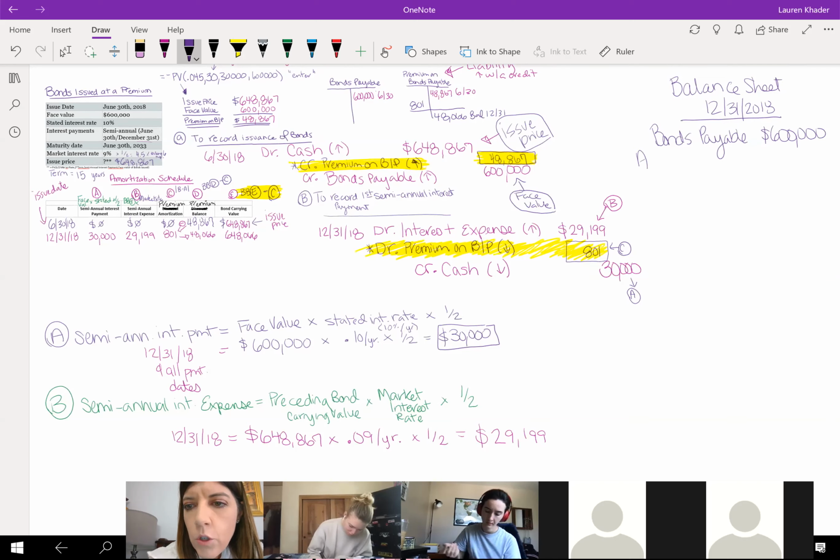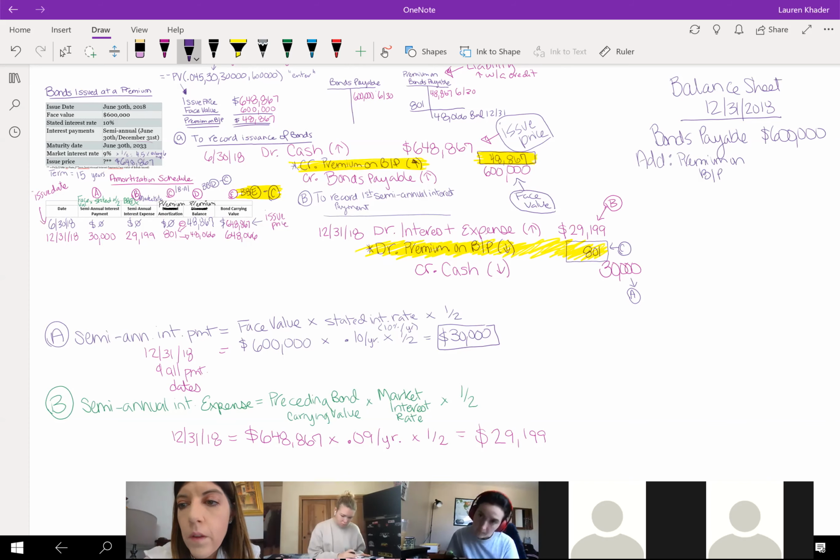And instead of subtracting, we're now going to add the premium on bonds payable. Because remember, this is a normal credit balance, so we're adding it. We're not netting them. So the premium balance at 12/31 is 48,066.